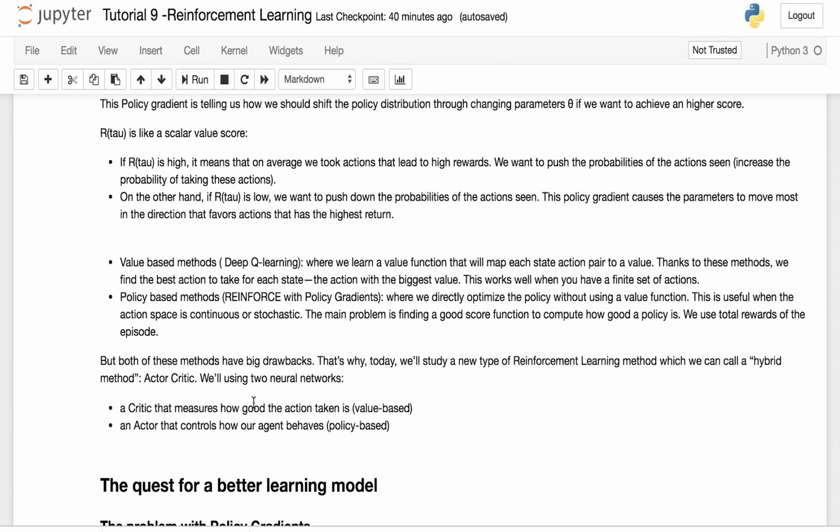So we have seen two methods. One is deep Q learning. The other is REINFORCE with policy gradients. In conclusion, value based is more suitable for small scale problems.